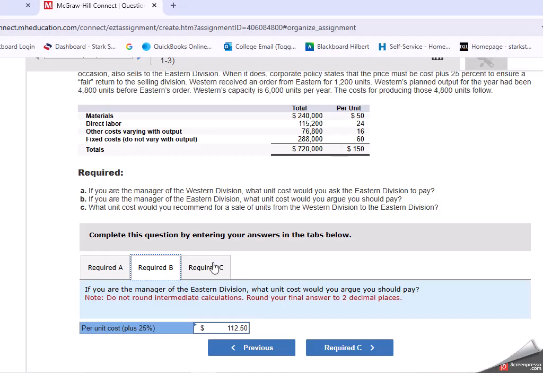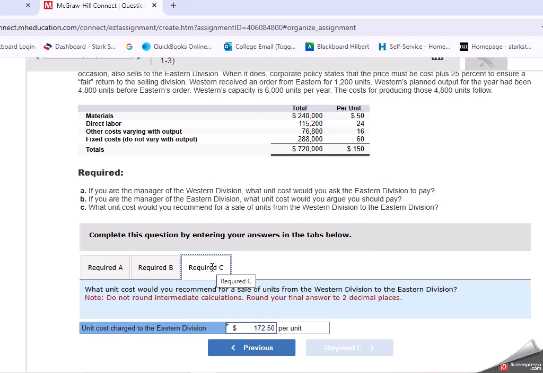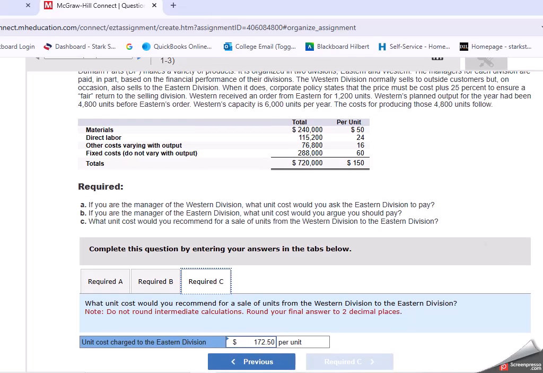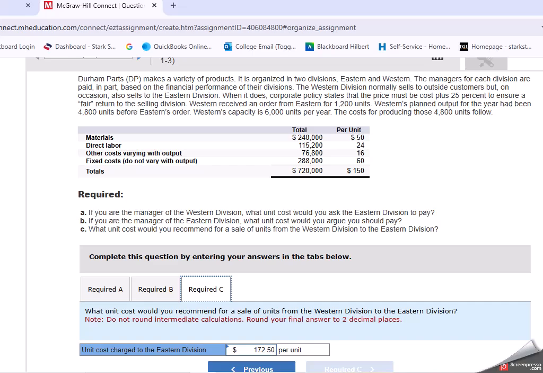But then requirement C says, well, what would we really recommend? What is the fairness? So that's going to be a mix. If we still have the 50, the 24, and the 16, but go down to the $288 of fixed costs, and we divide that by the 6,000 units, then this $60 is not correct.